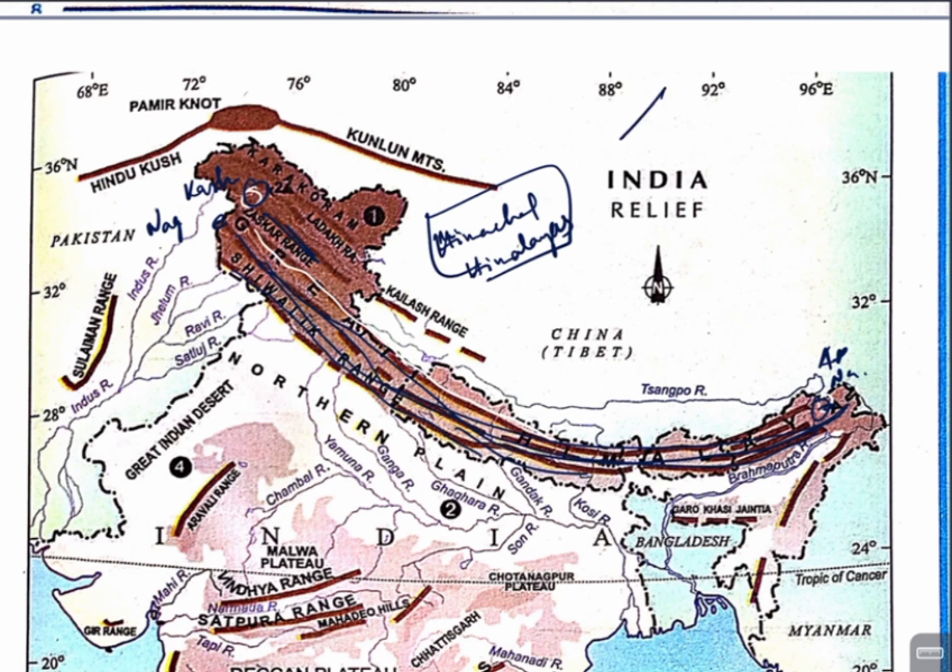Suppose this is the peak. If this is the northern side and this is the southern side, the southern slopes are steep and the northern slopes are very gentle.